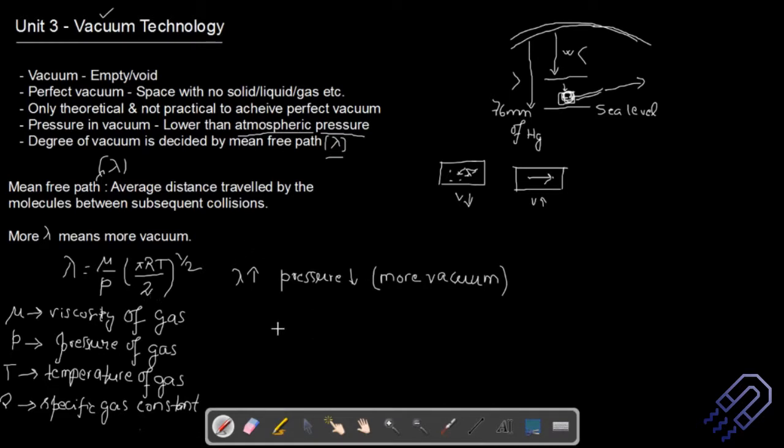So this lambda will actually decide the flow regime. Let me write it down here: it decides the flow regime in vacuum.